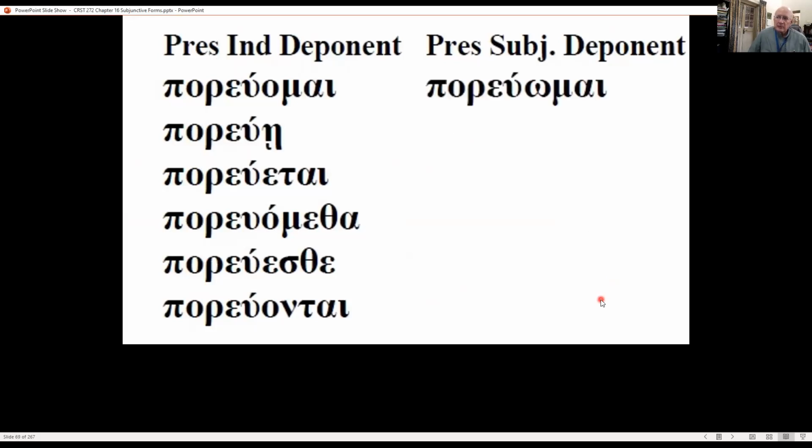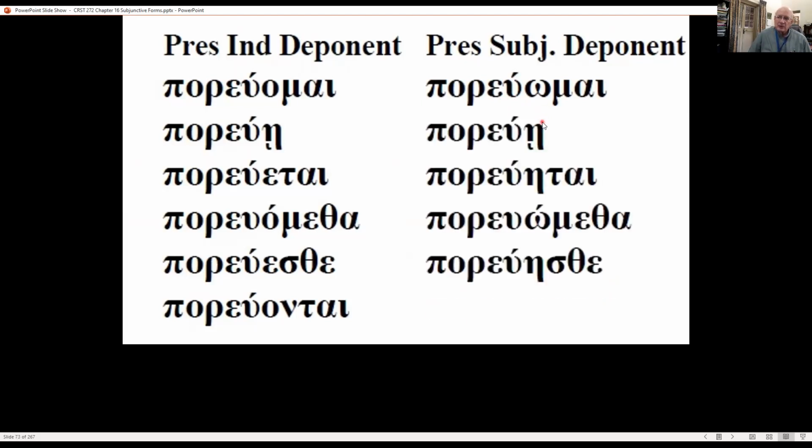Poreuomai becomes poreuomai. Omai, ei, etai, ometha, esthe, ontai. And notice that whereas in the active voice we had o, and we could be confused because both are the same, in the middle and passive present we have e, etai in the second person singular.